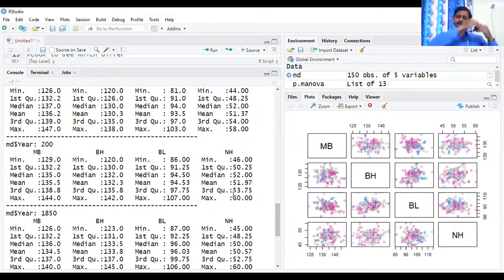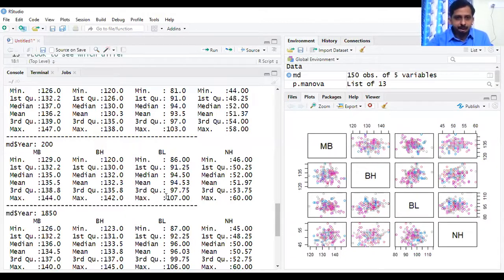So across the different years, the mean differences are not that important. Those differences will not give us any evidence that nasal height has changed across the years. That's why the nearby differences of these means across the years resulted in an insignificant p-value in the previous step.